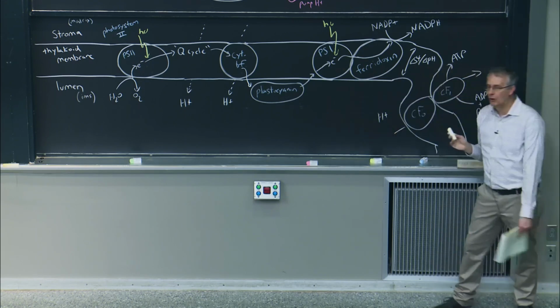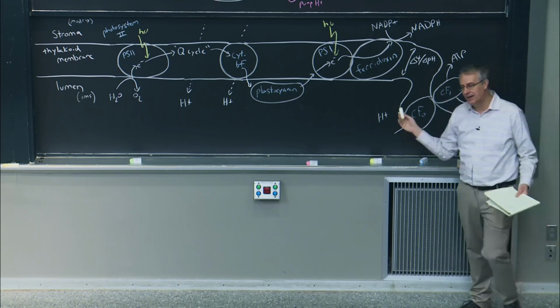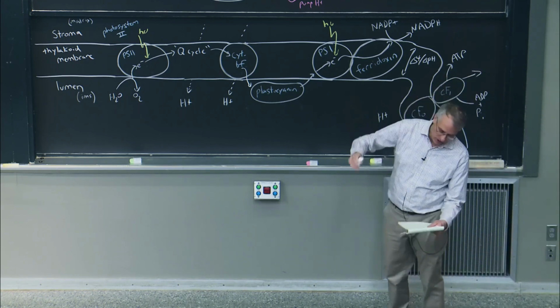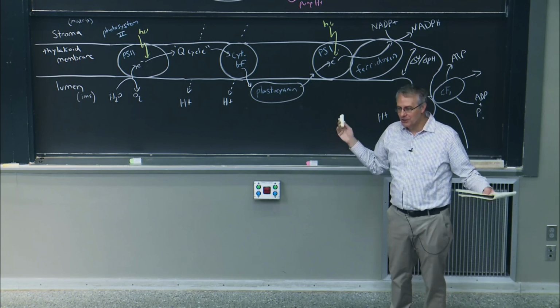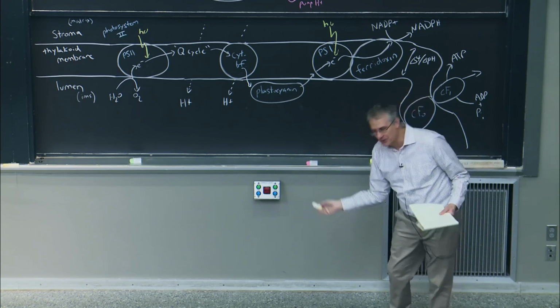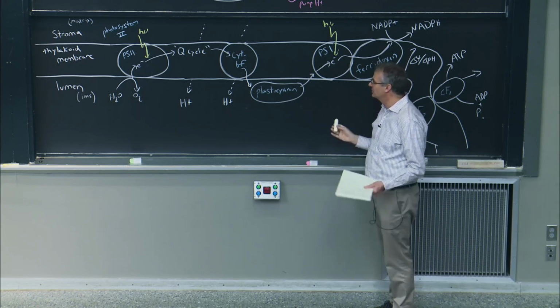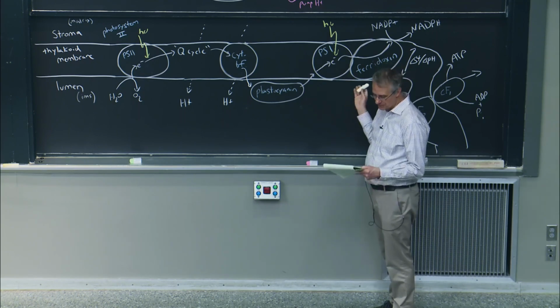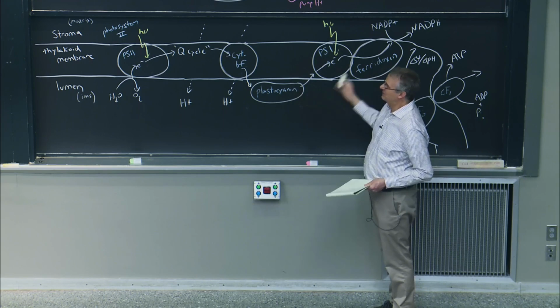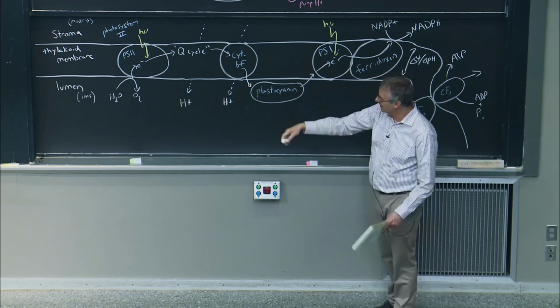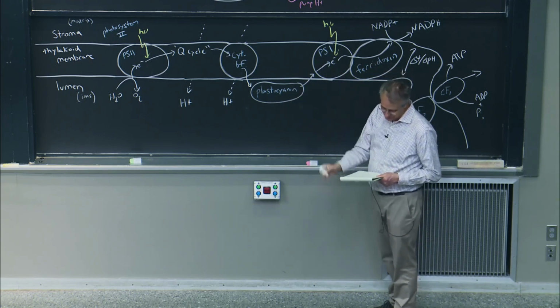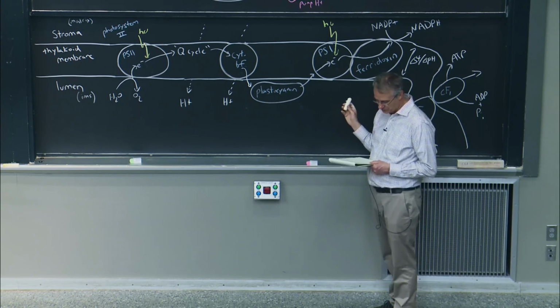Of course, this evolved first, and so oxidative phosphorylation looks like photosynthesis, even though we talked about oxidative phosphorylation first and then photosynthesis. So remember, it's really not that photosynthesis looks like oxidative phosphorylation, it's that oxidative phosphorylation looks like photosynthesis.